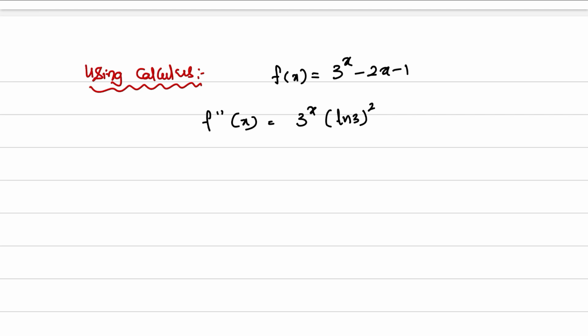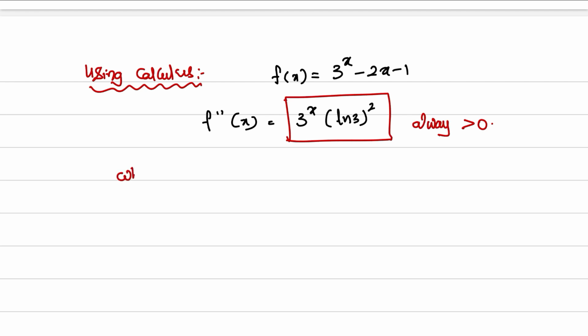Because for any value of x, x may be negative or positive, this particular value is always greater than 0. If x is equal to 0, function double dash x is ln 3 whole square, that is positive. If x is negative also, that is positive. If x is positive also, it is positive.